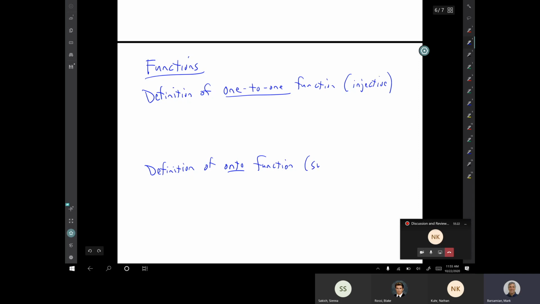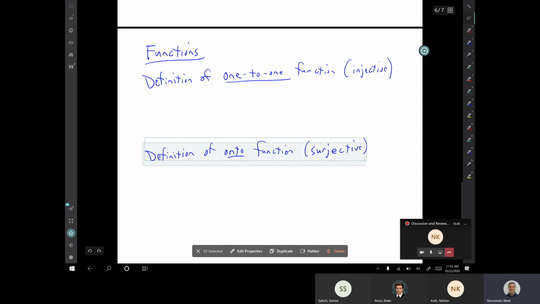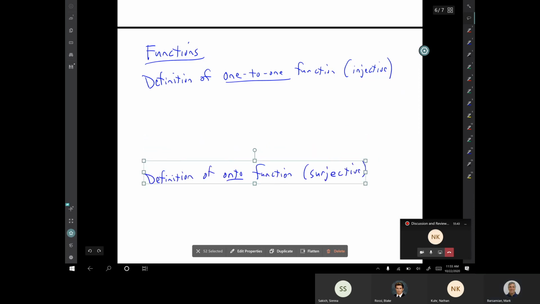And onto. I like the words injective and surjective. Can somebody jump in and give me a definition of either one of those? There's more than one way. I want to talk about different ways of saying these things. And also, you can feel free to weigh in on what's the incorrect way of saying it, because as important as what is the right definition is to remember that there's a very tempting wrong definition.